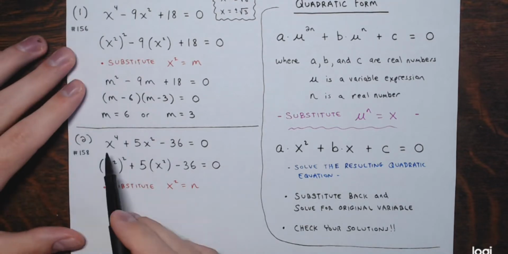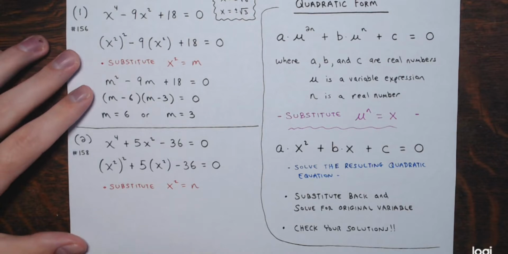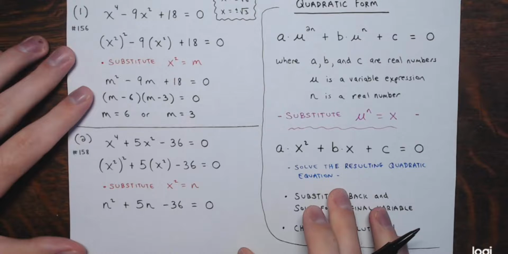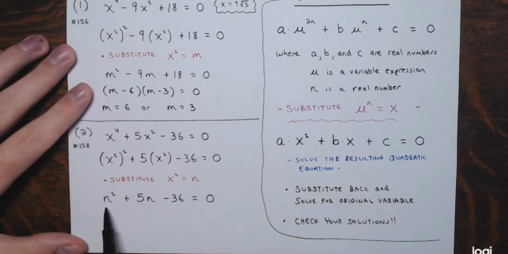Right? You don't want to double up on the original variable. Now if I make this substitution, this becomes n squared plus 5n minus 36 equals 0. And then we solve this new equation for n.